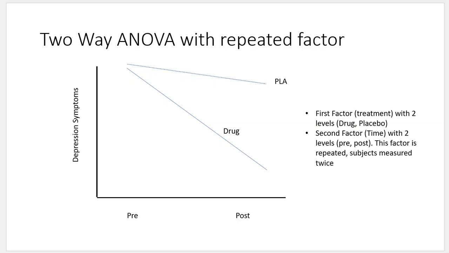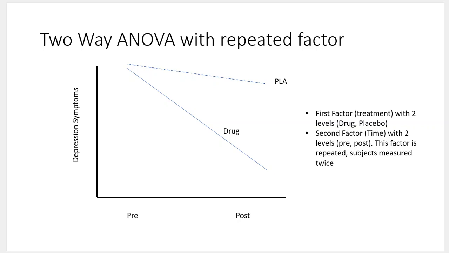Now, often in clinical trials, we will do the two-way ANOVA with a repeated factor. So the first factor of the two ways refers to, obviously, two factors. And the first one here is obviously treatment, whether you're on drug or placebo. And the second factor here is time, with two levels here, pre and post. And that measure is repeated.